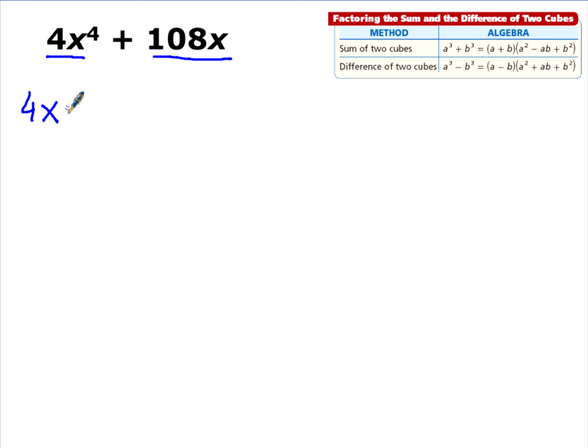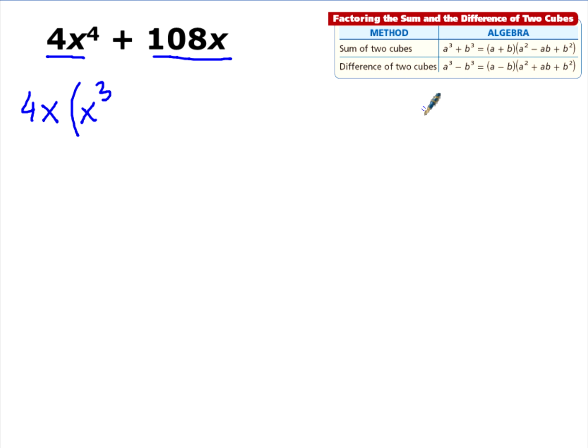If I pull out 4x, I'm going to be left with x to the power of 3, and then let's see, 108 divided by 4. Well, 25 times 4 is 100, 26 times 4 would be 104, so it looks like 27.